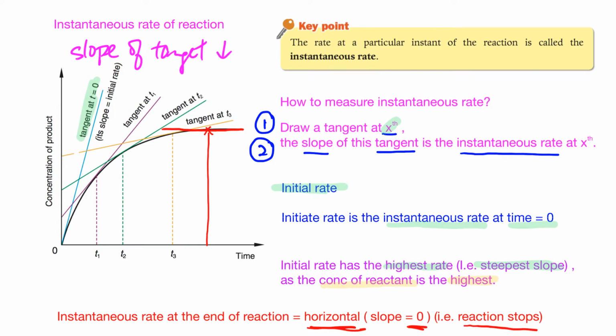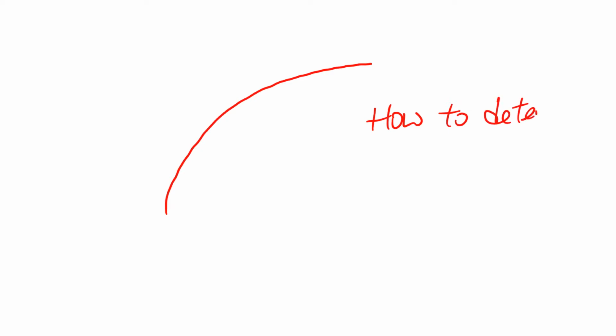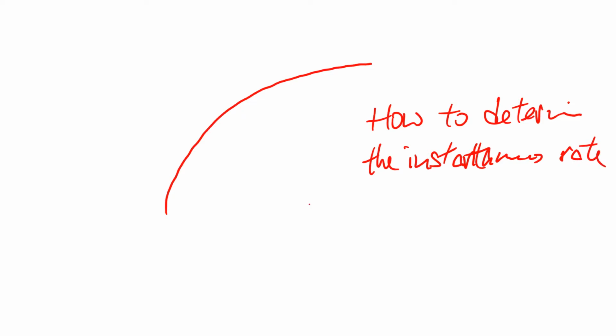So just to remind you, for a tangent, when you have a curve like this, normally in exam they will draw a line for you telling you that that is the tangent. What you need to do is just to tell them how to determine, whenever the question says how to determine the instantaneous rate at a particular moment, then you have to say that there are 2 points.